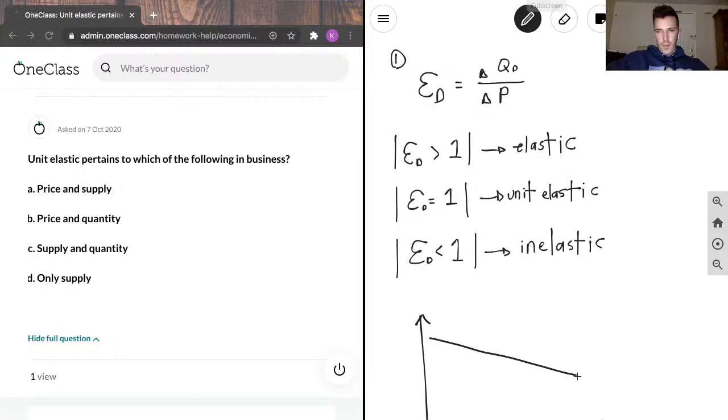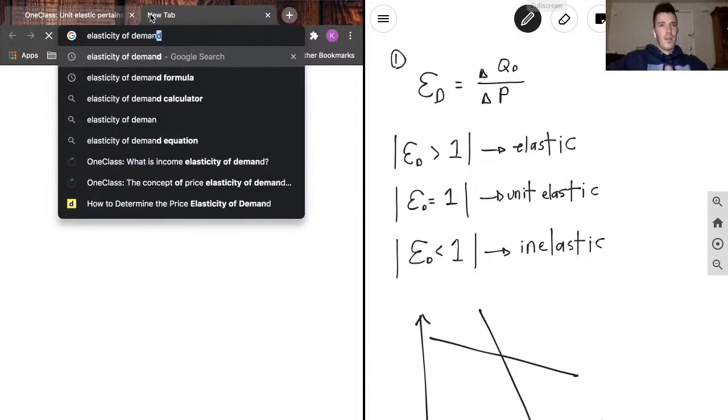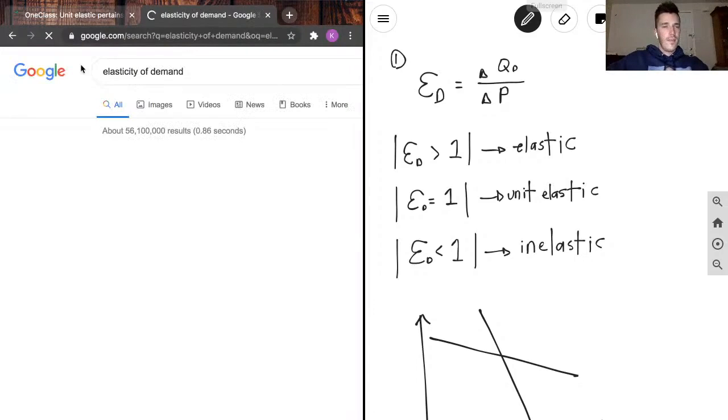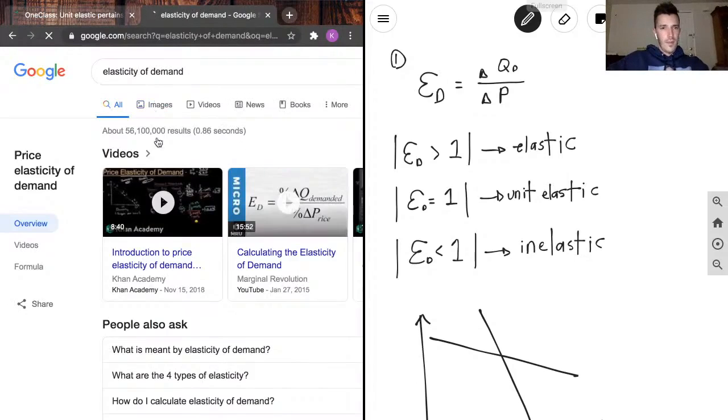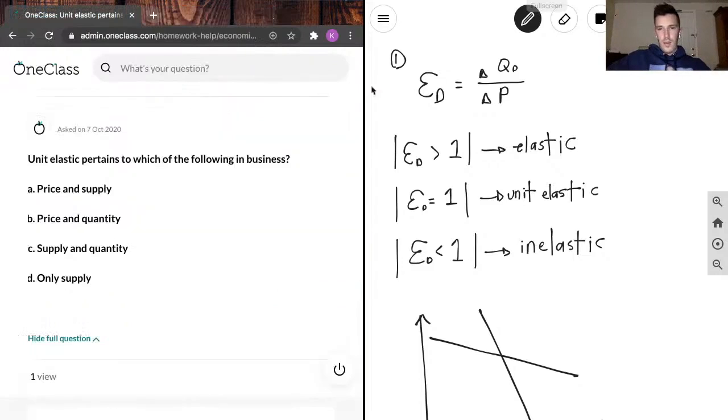Let me actually, I want to make sure I don't draw this wrong. Right, so when we've got elastic demand, we're going to have a relatively flat slope.